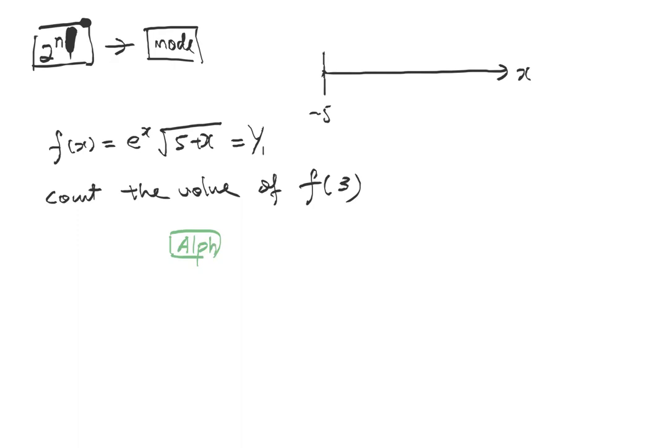Alpha, okay. Then on the top row, there is a button called trace. Am I right?